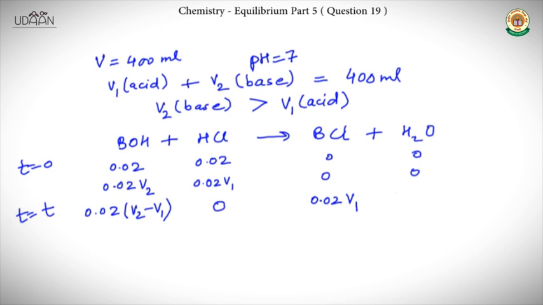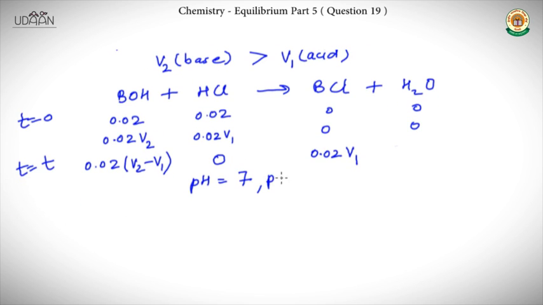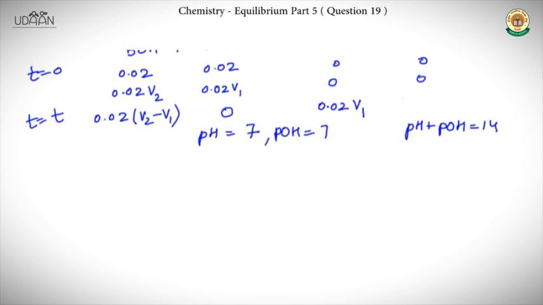The pH of the buffer has to be maintained at 7. So the pOH is also 7, because we know that pH plus pOH is 14. I know the formula for pOH of a basic buffer, which is pOH equals pKb plus log of concentration of salt upon the concentration of base.